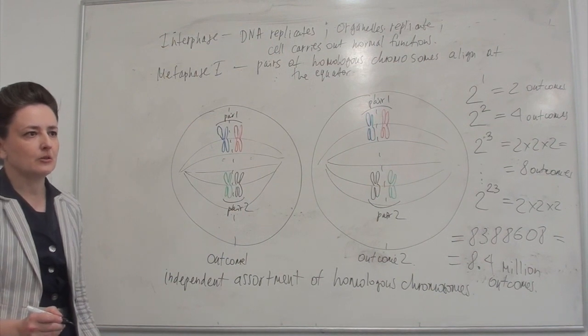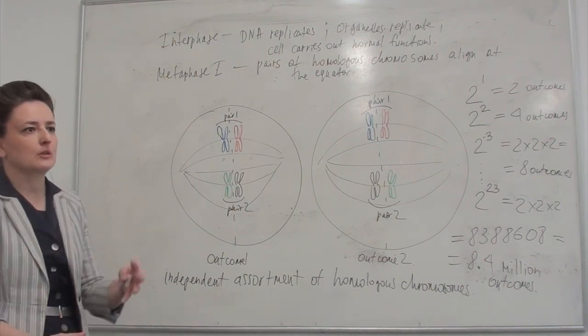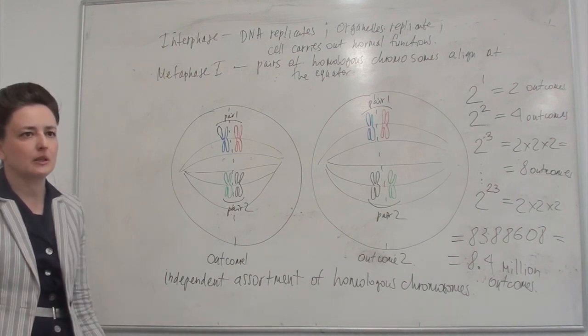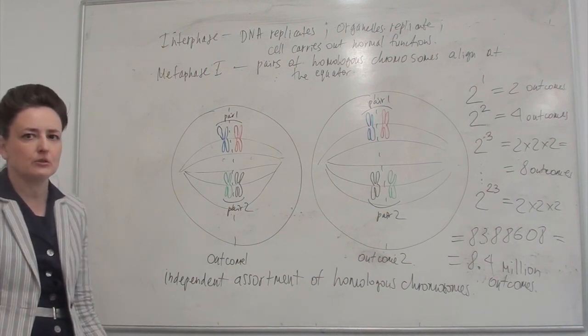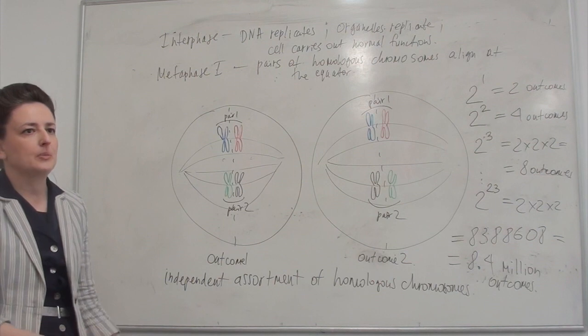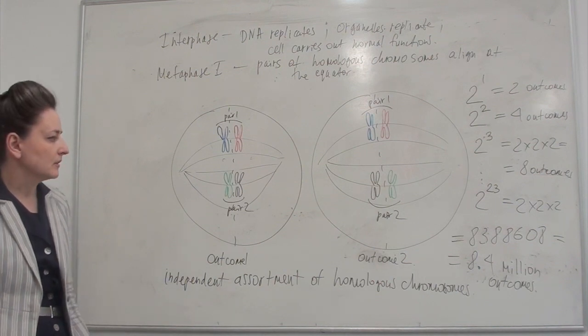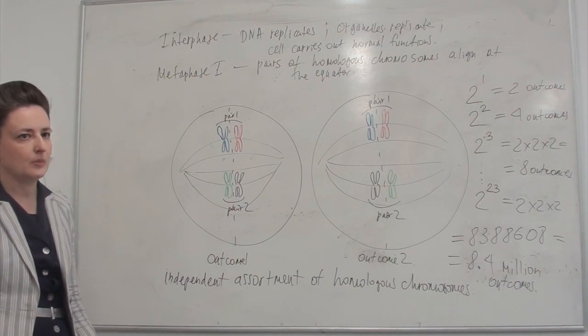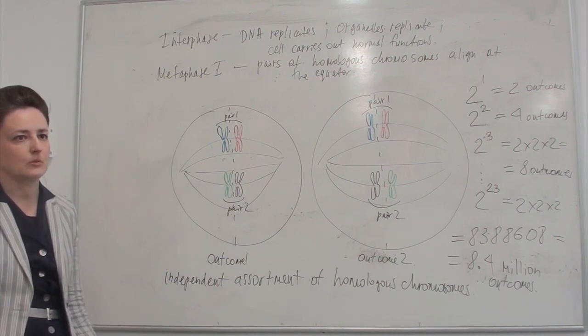Independent means you don't know which chromosomes are going to end up on which side of the equator. Assortment, a bit like licorice all sorts, you're just picking whichever happens to be on that particular side of the equator. And we're doing it with pairs of homologous chromosomes, so independent assortment of homologous chromosomes.